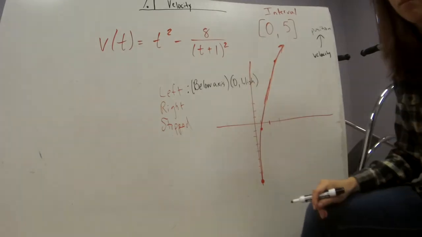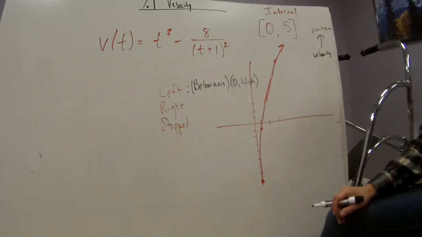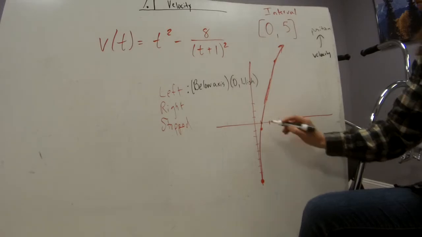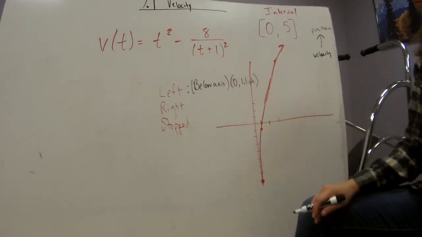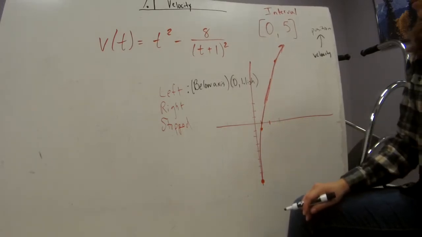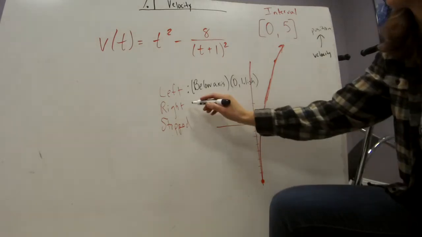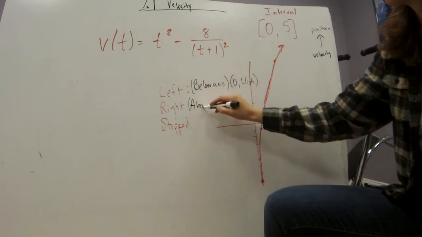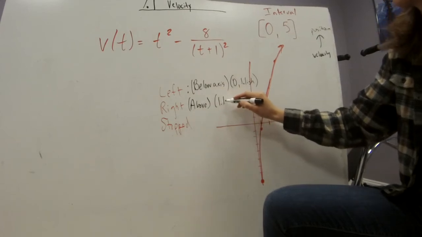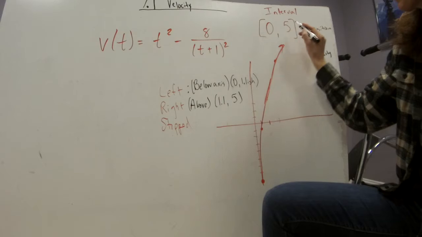Without a calculator, I don't necessarily want to solve that right now, so we'll just say it's not at 1, because this was at 1, negative 1, but we'll say right there. Then it's going to the right whenever it's above, so this would be from 1.1-ish up to 5, just because that's our interval.